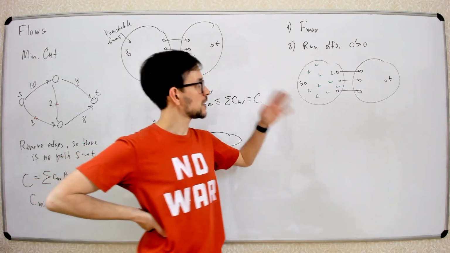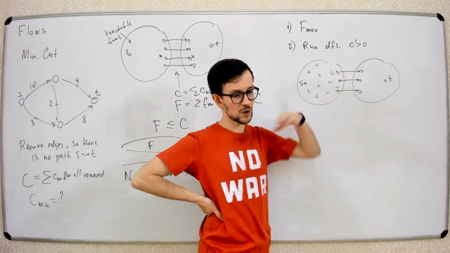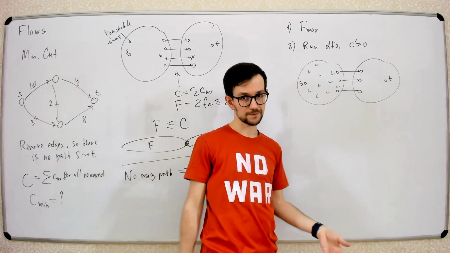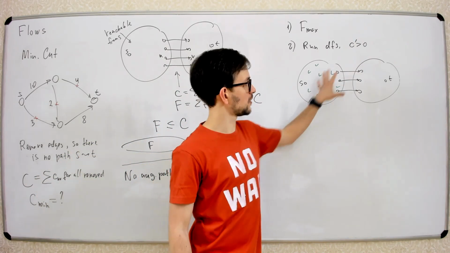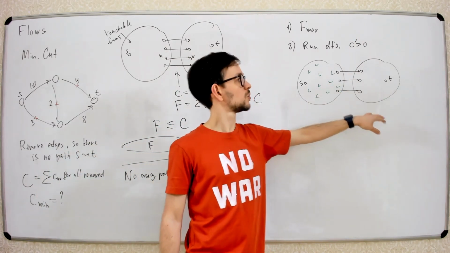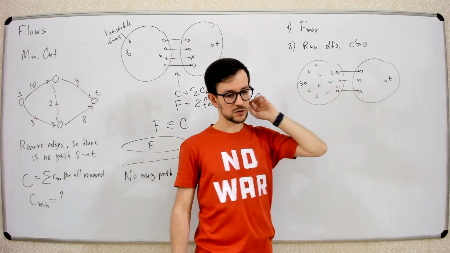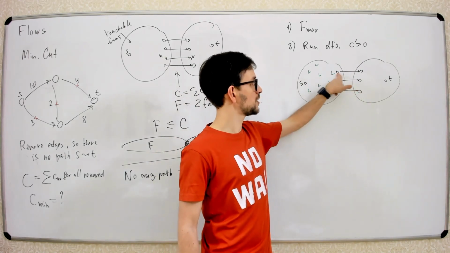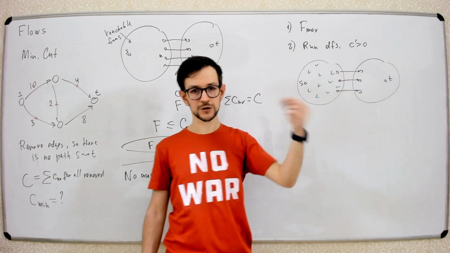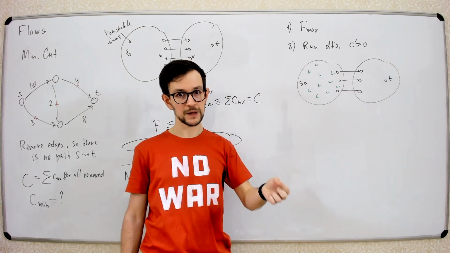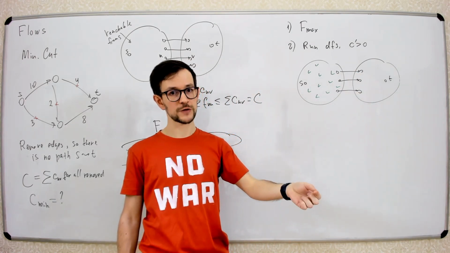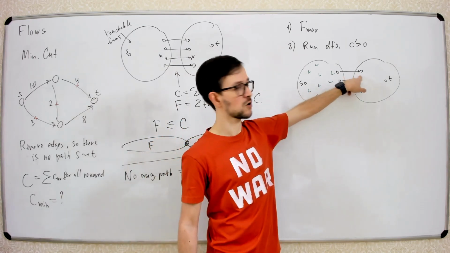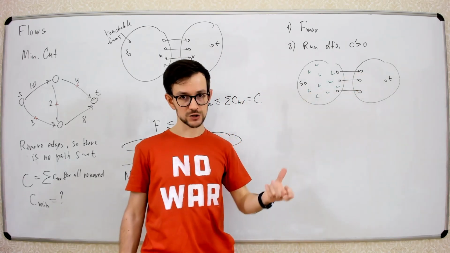These nodes are reachable, these nodes are not reachable. If we didn't go from here to here, it means this edge is actually not in the residual network. If this edge is not in the residual network, it means that the residual capacity of all these edges is 0.